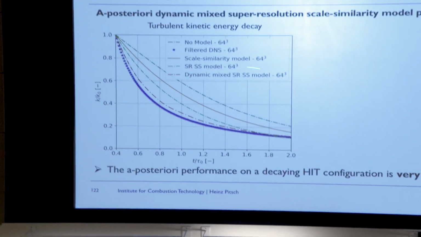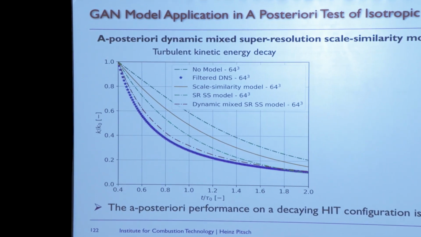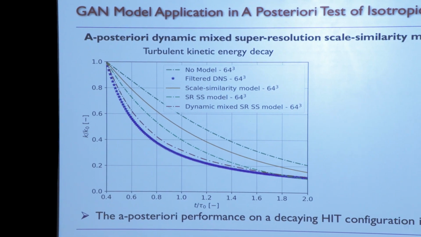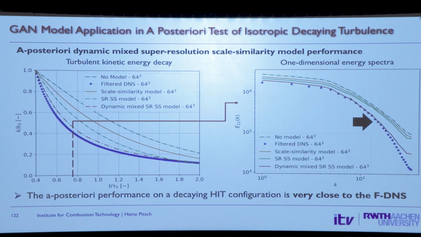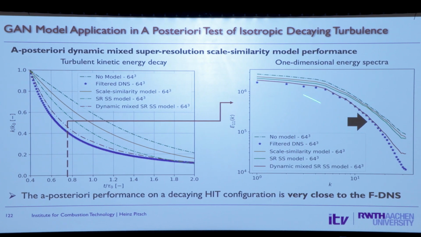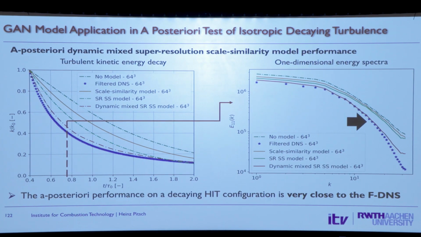So that's what this then covers. We have extended this model to become independent of parameters like this. Anyways, that should just show an example. Here's the energy spectrum, and also here you see the model is not so bad.